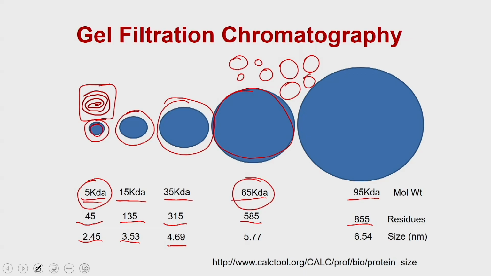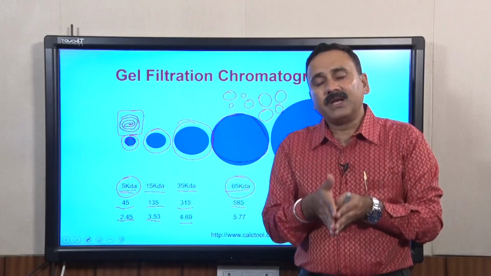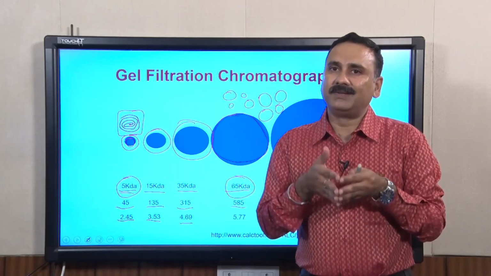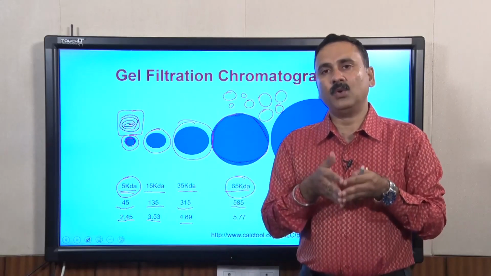If you have a mixture of these two proteins, you can simply take filters of two different diameters, one corresponding to 5.77 nanometer and the other corresponding to 2.45 nanometer. If you filter the proteins through these two filters, they are going to be separated from each other, and this is exactly what gel filtration is going to do.